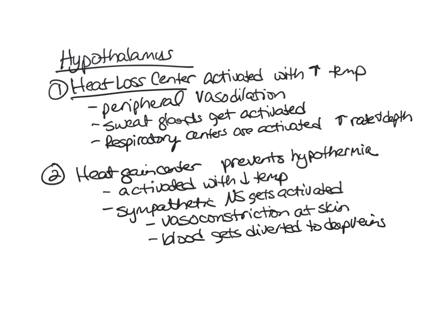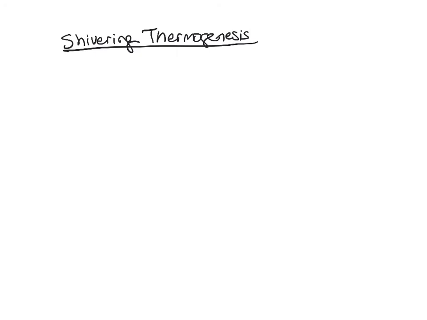And it traps your heat in the core of your body. When the heat gain center is stimulated, it will stimulate a process called shivering thermogenesis. Shivering thermogenesis is when you are shivering to produce heat.